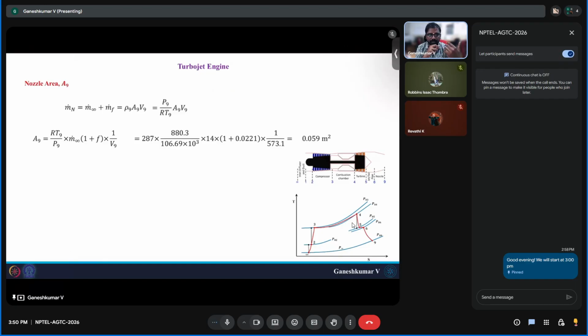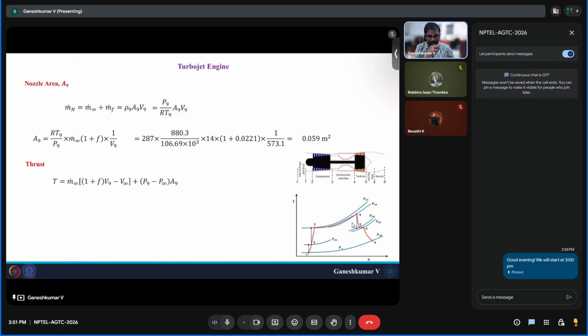It could be attached to a small aircraft, for example, and most of the time I will be operating that aircraft at 280 meters per second. That is my mission statement. If that is the case, what should be my ideal design nozzle area? That would be 0.059 meters square. So this is one of the design parameters that you have to include.